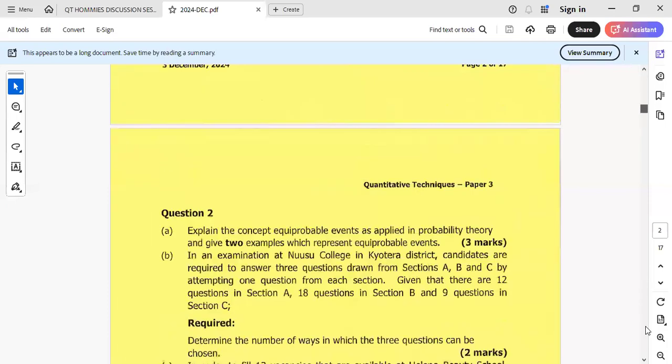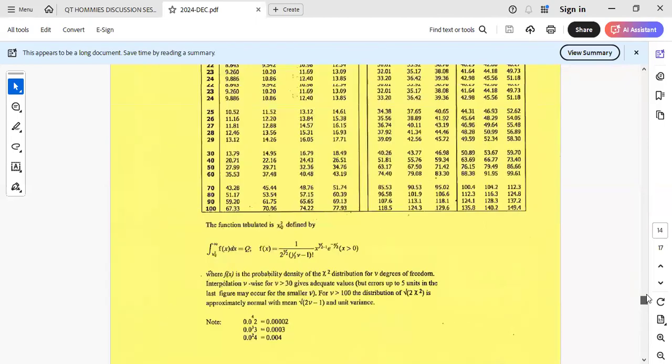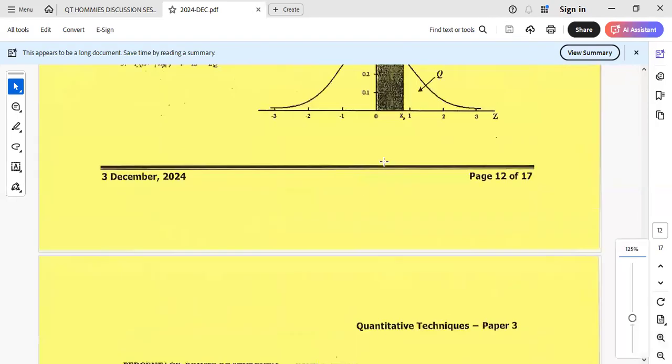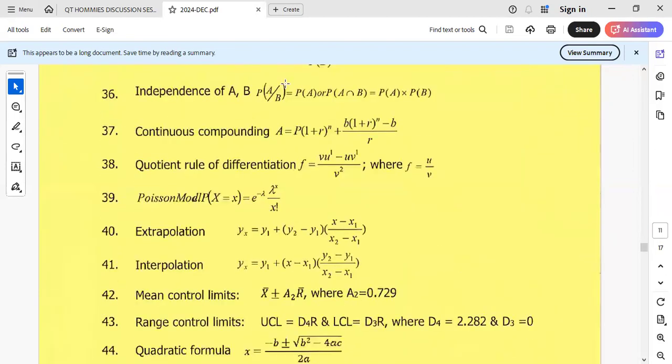So this was the last paper. In the briefing, they told us that all the required formulas in that paper are given. Not all, not all.